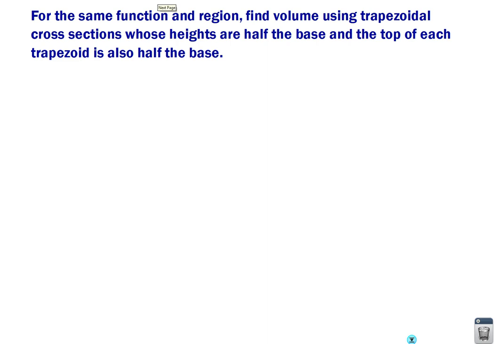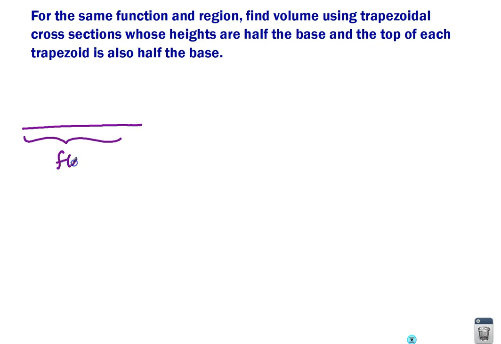Let's say for the same function, the square root of x, and the same region from 0 to 4, find the volume using trapezoidal cross sections whose heights are half the base, and the top of each trapezoid is also half the base. Essentially, let's visualize this. I've got a trapezoid along the base of the region.